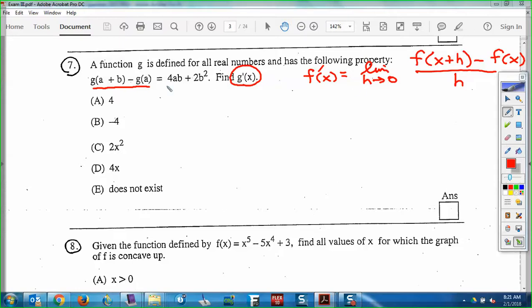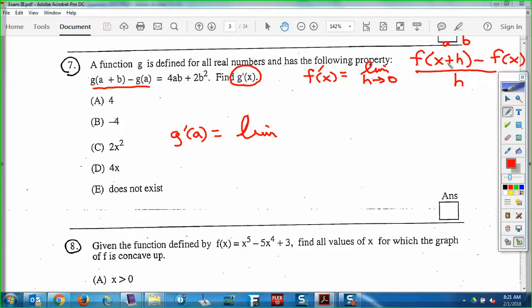Because if I take this and now put it into the language of this, instead of X's we would have A's, and instead of H's we'd have B's. So G prime of A would be the limit.